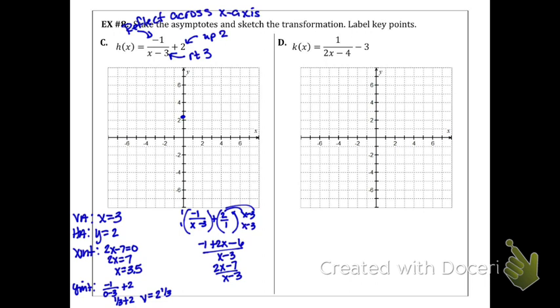X-intercept at 3.5. Vertical asymptote at 3. Horizontal asymptote at 2.